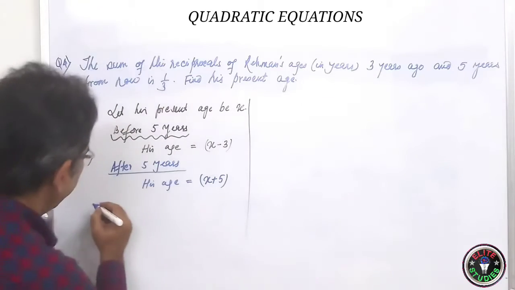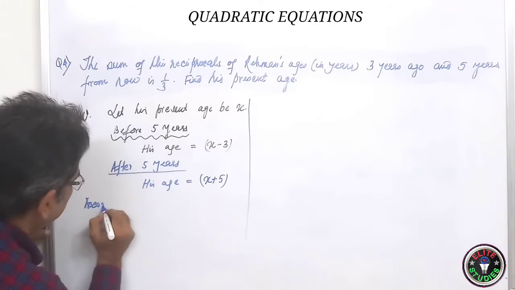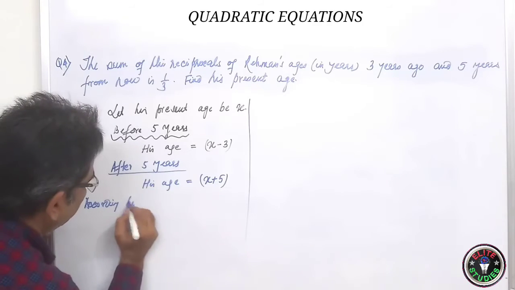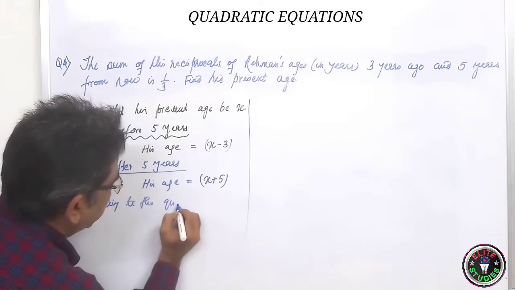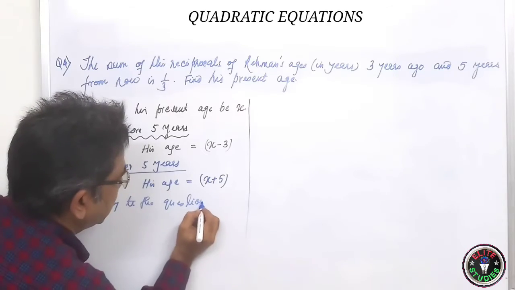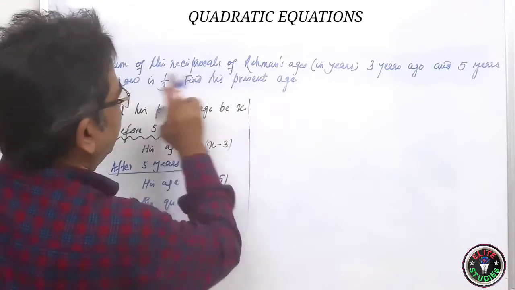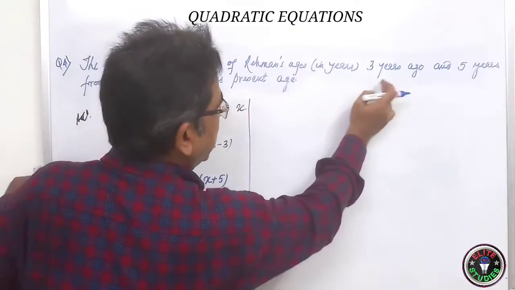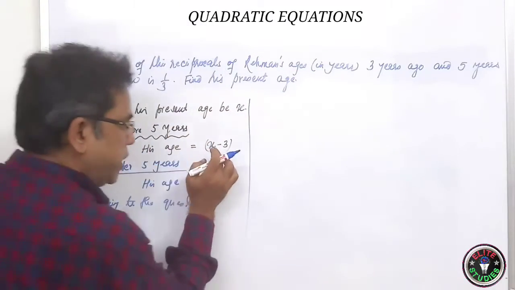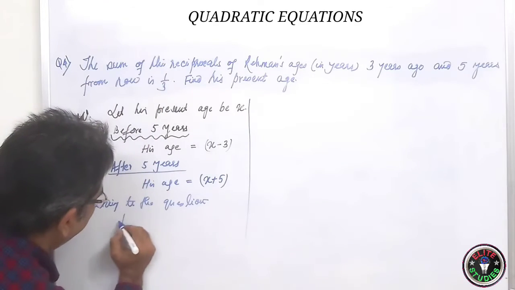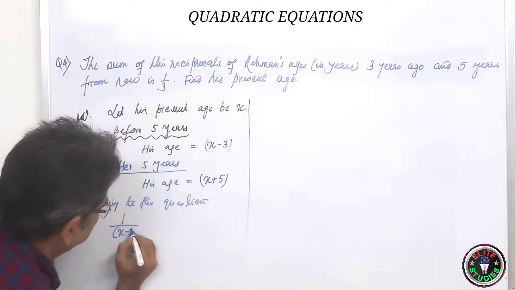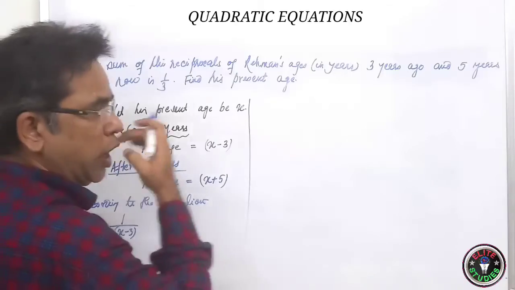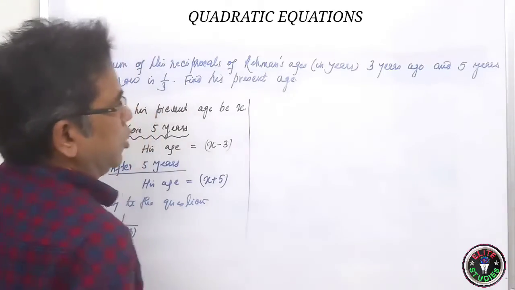According to the question, what do you get? The sum of what? The sum of reciprocals of Rahman's age 3 years ago. 3 years ago his age was x minus 3. Its reciprocal will be 1 by x minus 3. Reciprocal of 2 means 1 by 2.